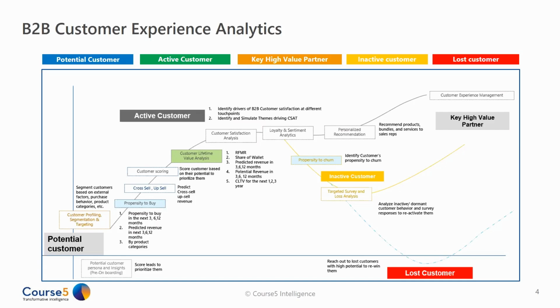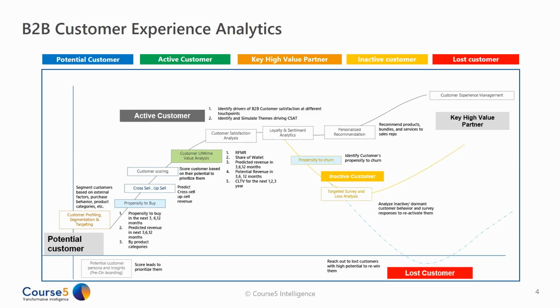Once the customer becomes an active customer, we can look at customer satisfaction analysis, loyalty and sentiment analysis, then provide personalized recommendations to the customer. Identifying drivers of B2B customer satisfaction at different touch points is really important here, and we need to simulate these drivers, which are driving CSAT and other customer experience metrics.